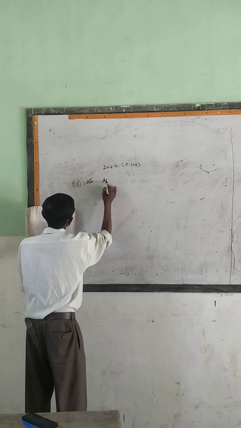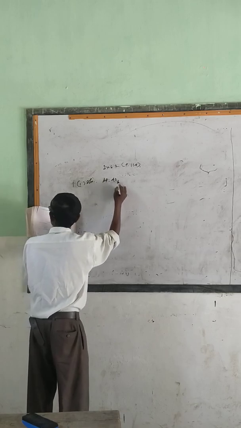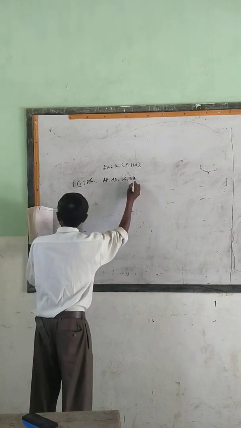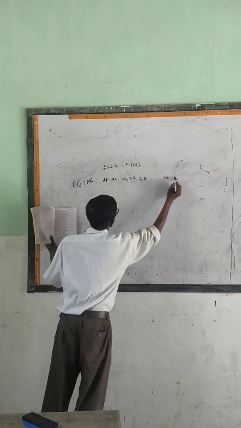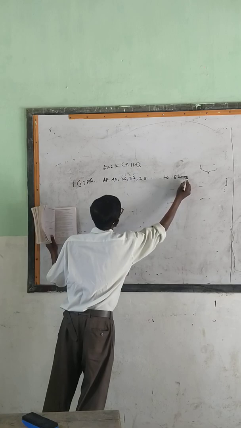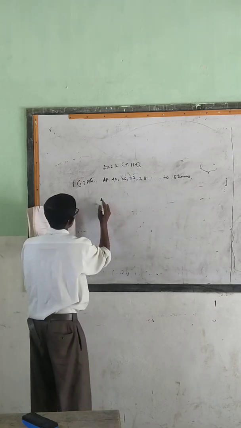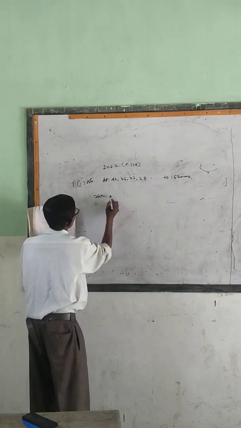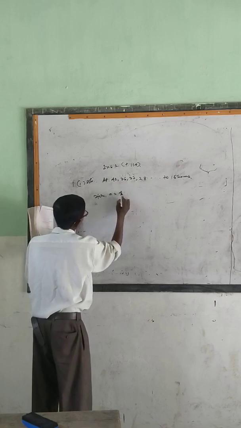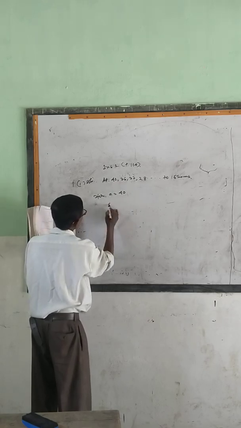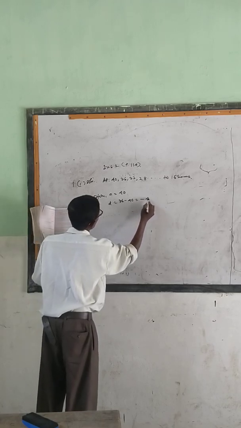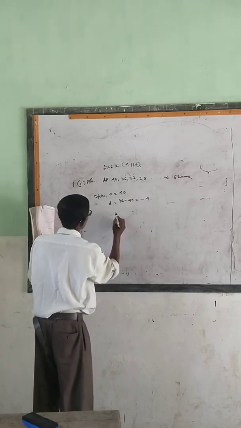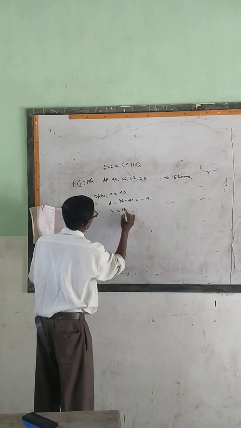The AP is 40, 36, 32, 28, up to 15 terms. So here a is 40, and d is 36 minus 40, which is minus 4. n is 15.